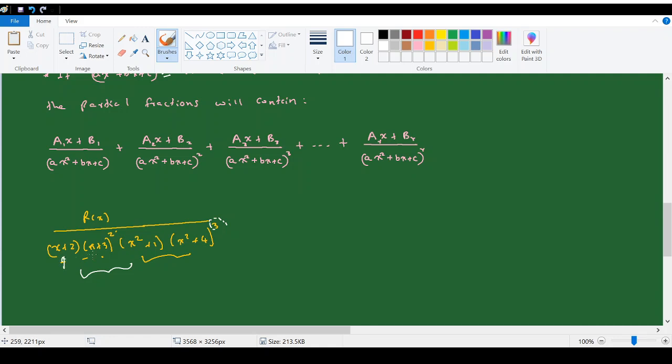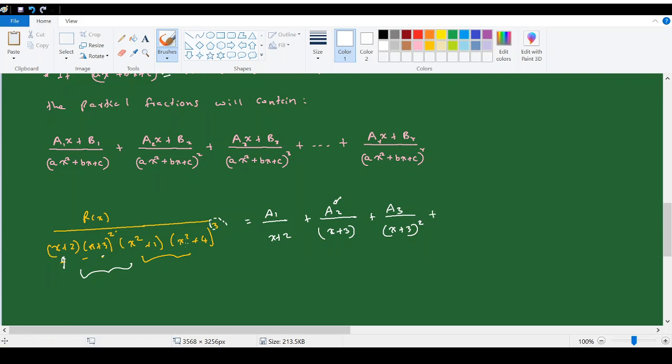For this non-repeated linear factor, we just allocate a number in the numerator and write it down like this. For this repeated linear term, we have two terms, again with a number allocated for the numerator, but since it is repeated, it falls under the second category, and we write it like this.